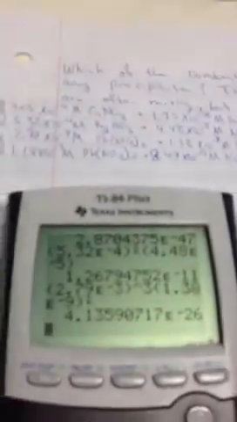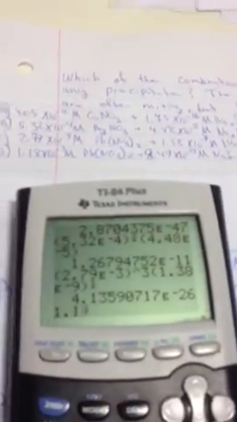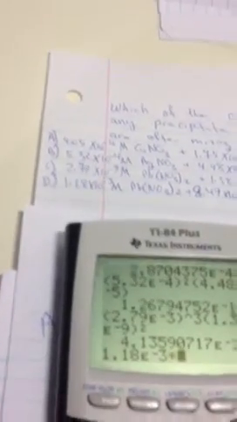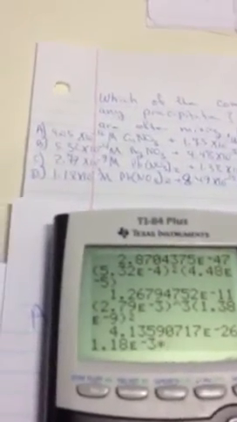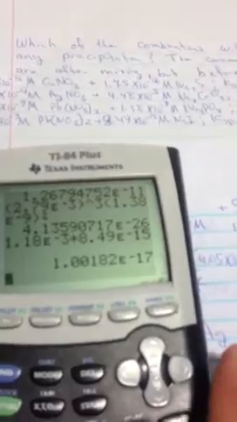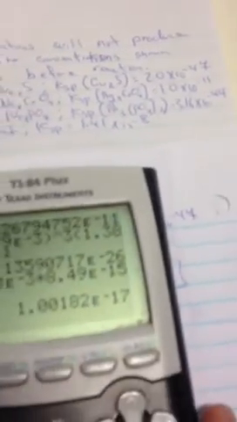We can just do it quickly: 1.18 e to the negative 3, and we multiply that by 8.49 e to the negative 15. So negative 17. This is clearly a much smaller number than 1.41 times 10 to the negative 8.